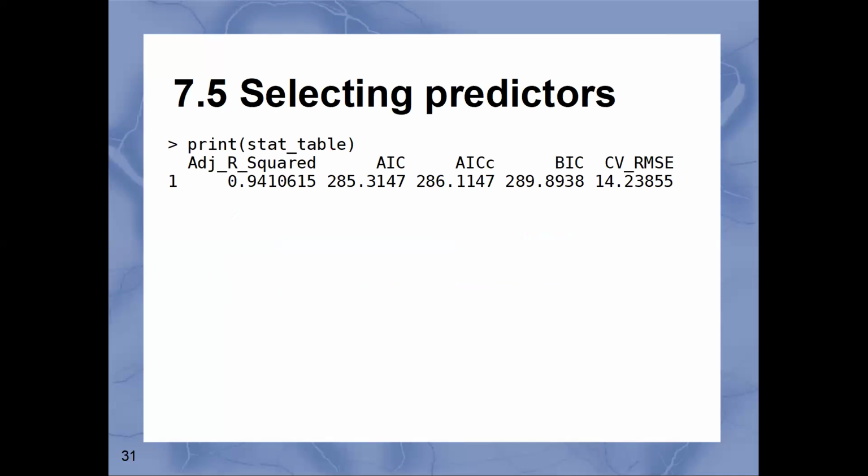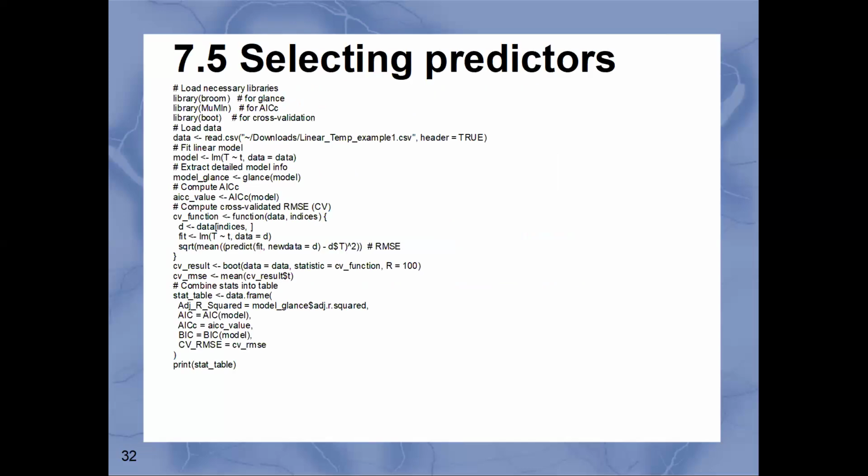Here are some of the stat tables that can be used. In this case, we're going to load these libraries, Broom, MuMIn, and boot, and we'll download a linear temperature example. This was some dummy data that we had made up, and then we'll fit the linear model.